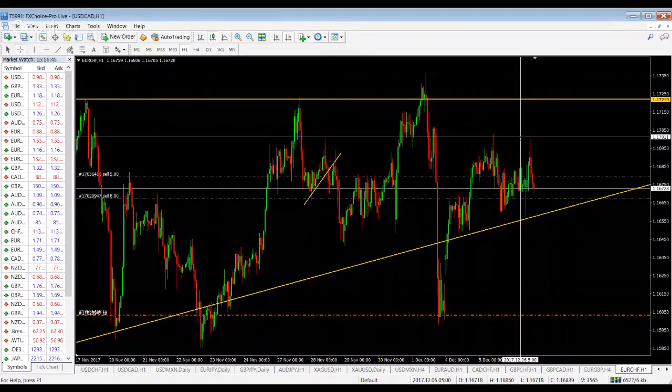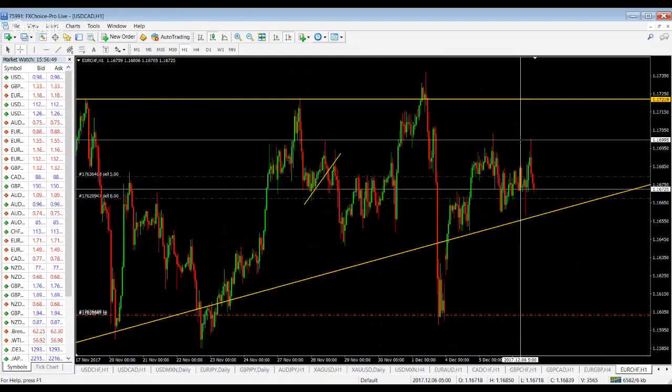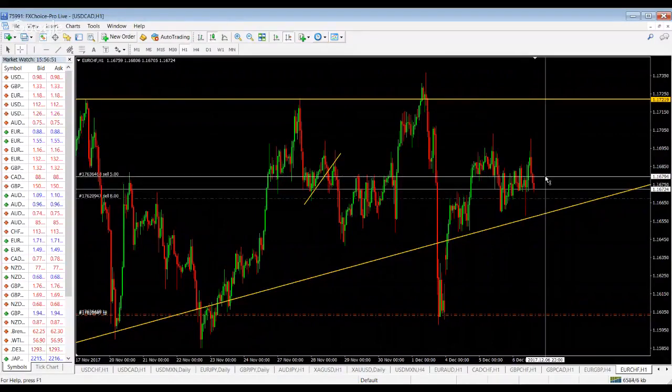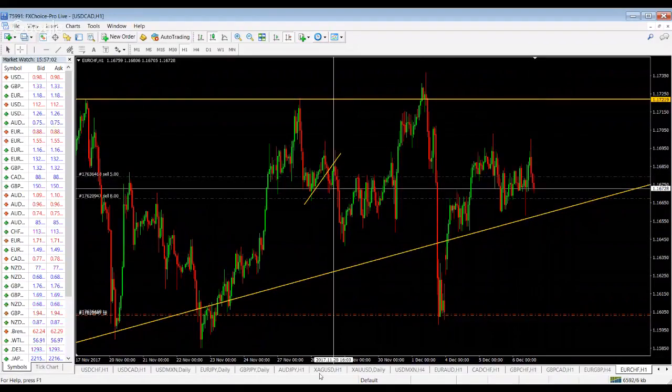So I'll give you a range of where you can get into the market to look for your sells and buys. As you can see, I entered around 1.16794, so I'm within that price range.